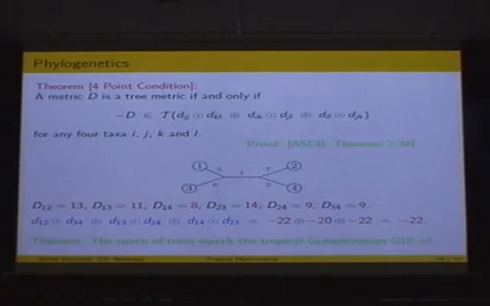Then there's a piecewise linear space called the tropical Grassmannian. And one way to think about this theorem is that the space of tree metrics, the kind of metrics that biologists actually care about, those are precisely the points on the tropical Grassmannian.